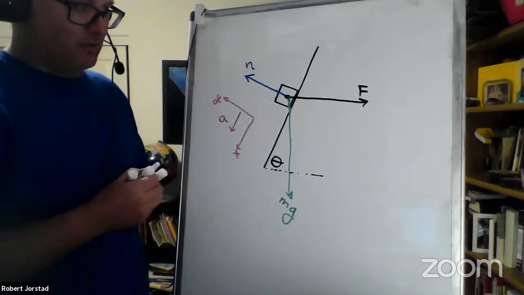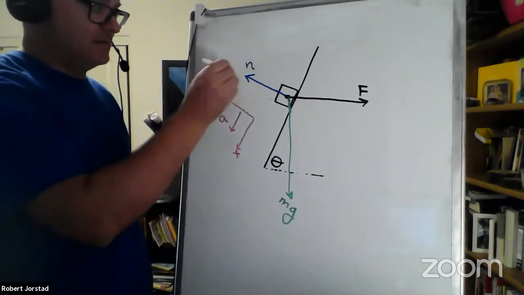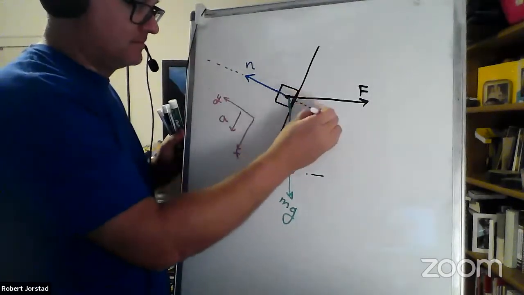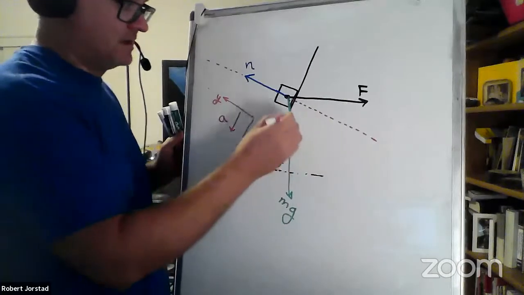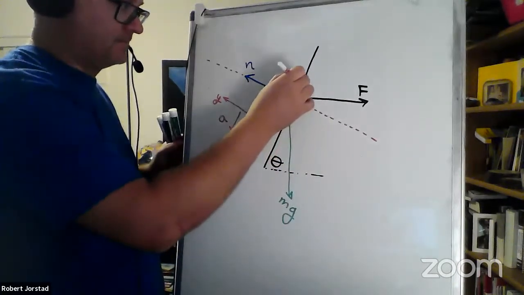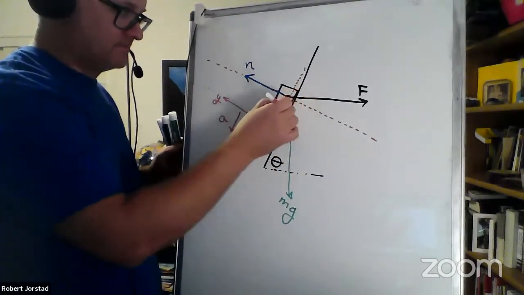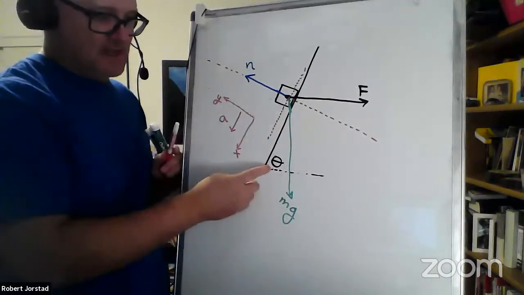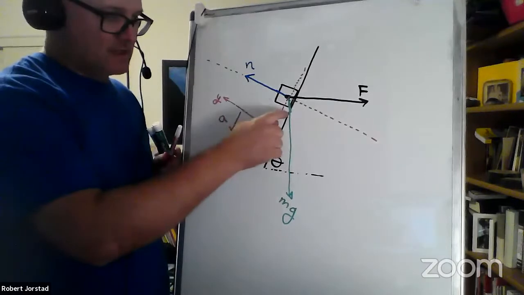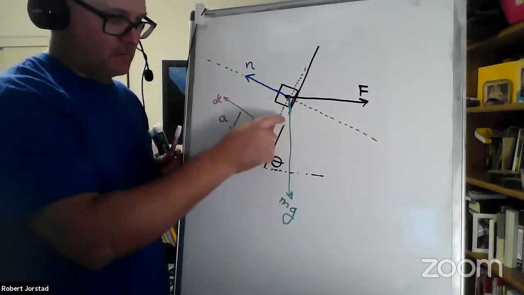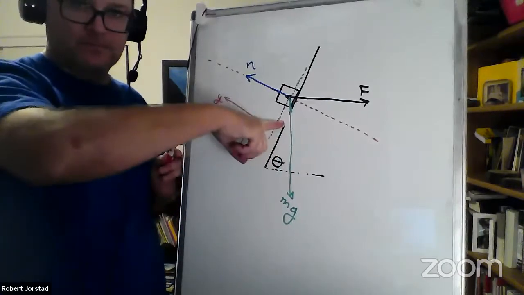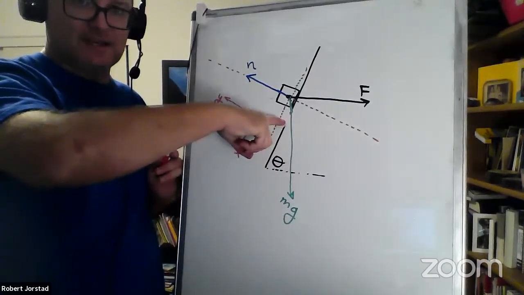Now let's figure this out. I need to draw my coordinate system on here, right? And so now, if this is theta, what's this angle in here where I'm pointing? Is it theta or is it 90 minus theta?